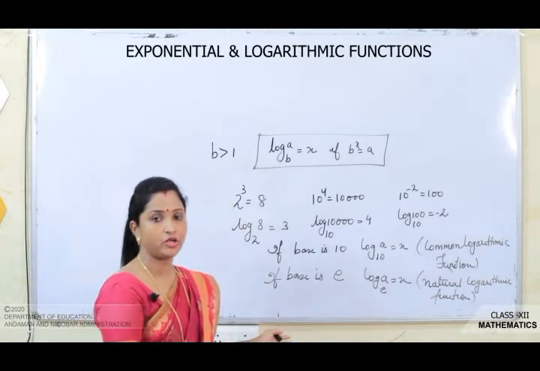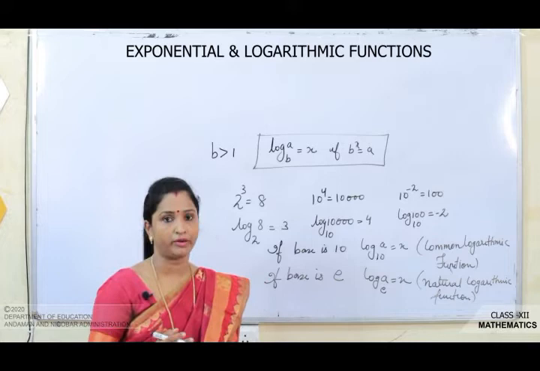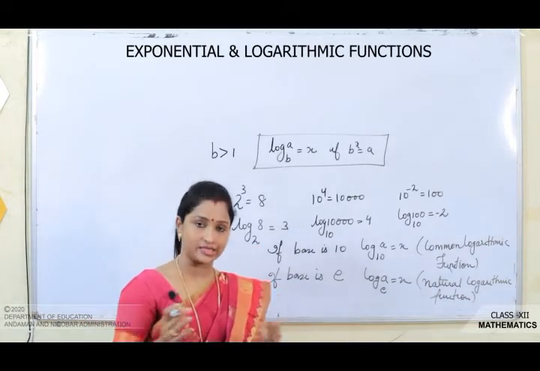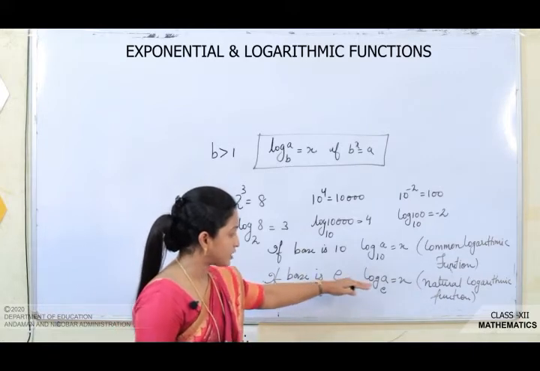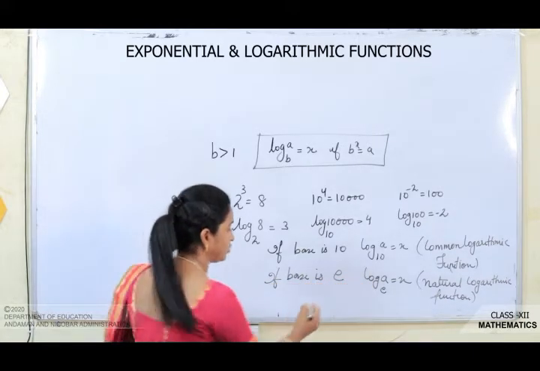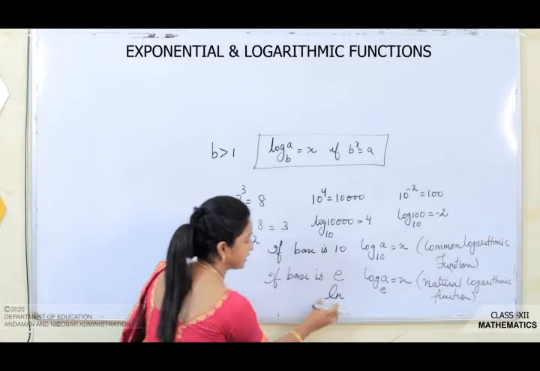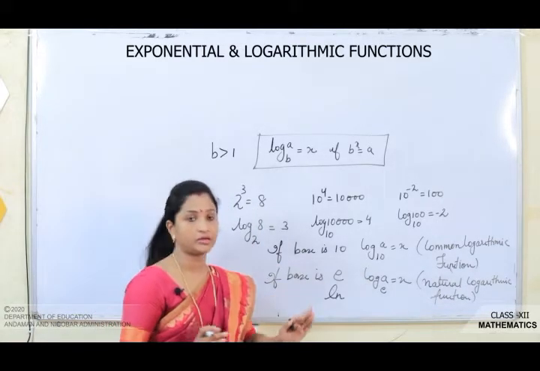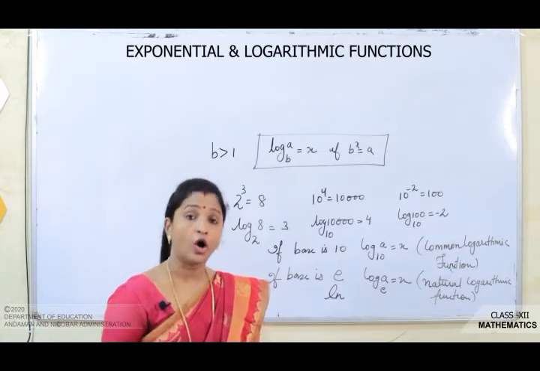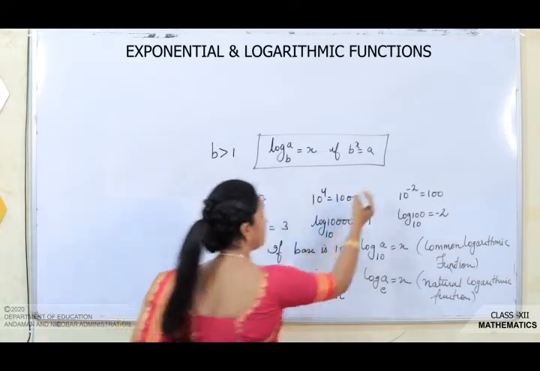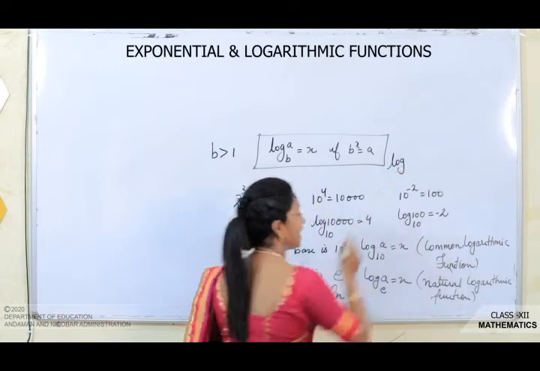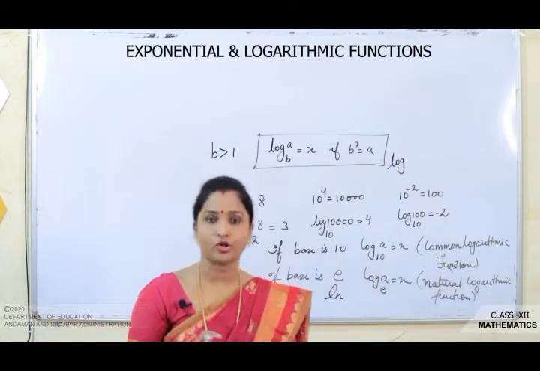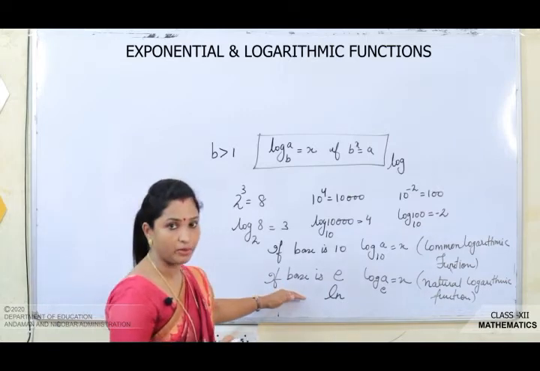e I already explained to you, it is 1 plus 1 by 1 factorial plus 1 by 2 factorial plus etc. Okay. Now one more thing, in your textbook you must have seen that the natural logarithm is normally denoted by ln. आप कई जगह बुक में देखेंगे अगर ln लिखा है मतलब वो नेचुरल लॉगरिथम फंक्शन के बारे में बात कर रहे हैं, और भी कई बुक्स में आप देखेंगे सिर्फ लॉग लिखा है, the base they have not written, मतलब बेस लिखा नहीं है, that means again they are talking about the natural logarithmic function.